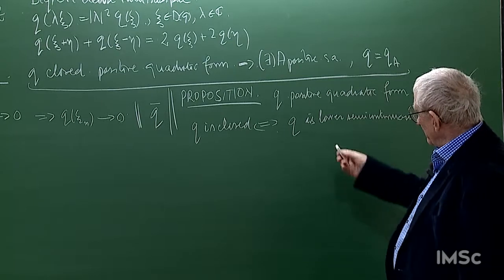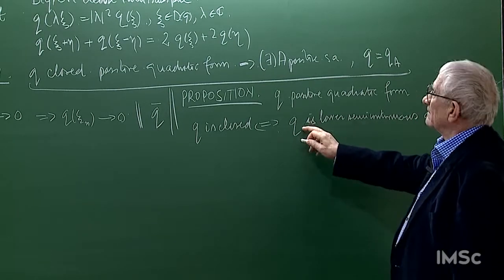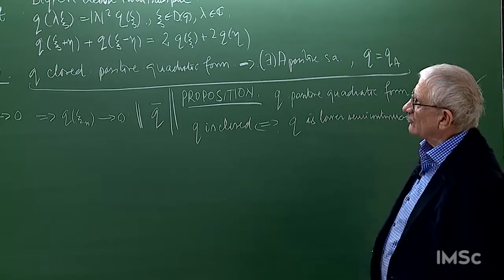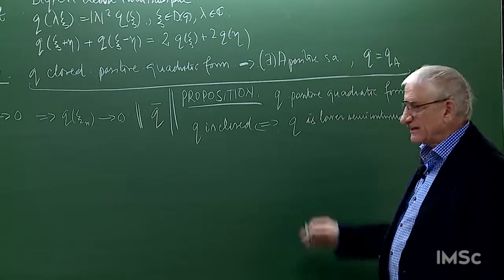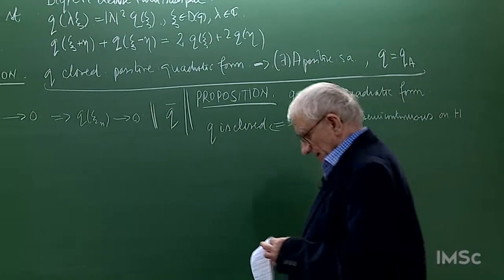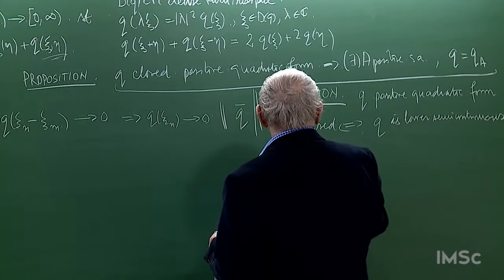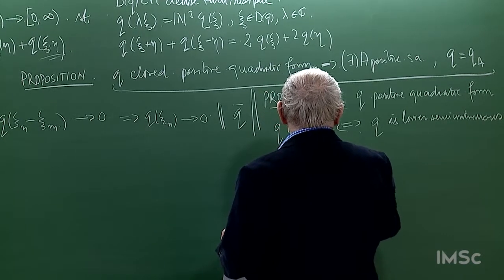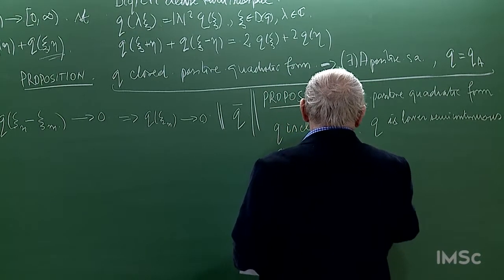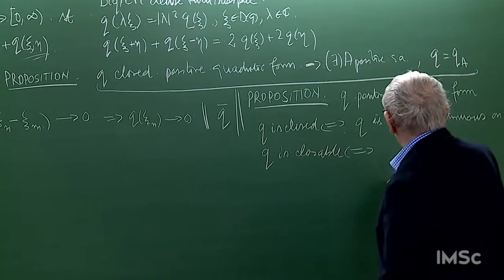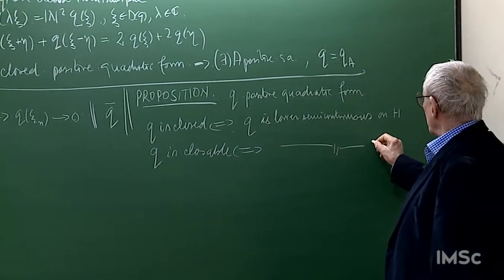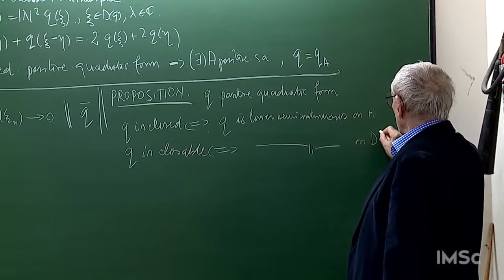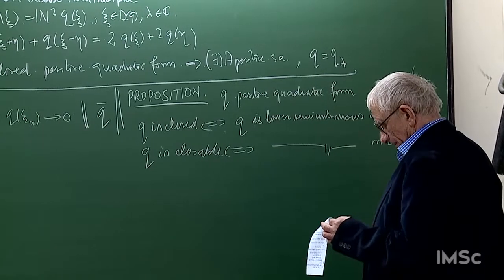But the meaning of this is that outside of the domain you put plus infinity, and then this makes sense. And Q is closable if and only if Q is lower semi-continuous on the domain of Q only. Okay.